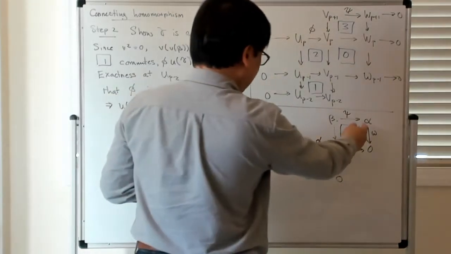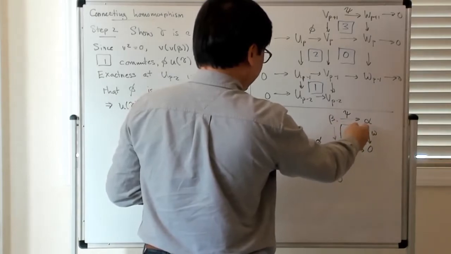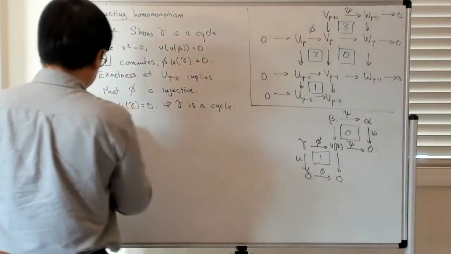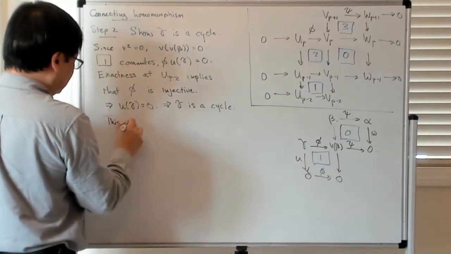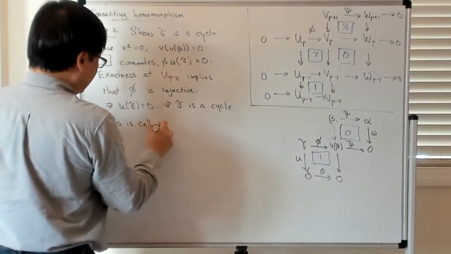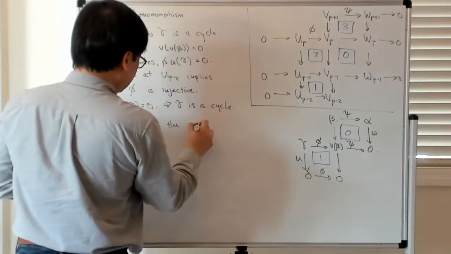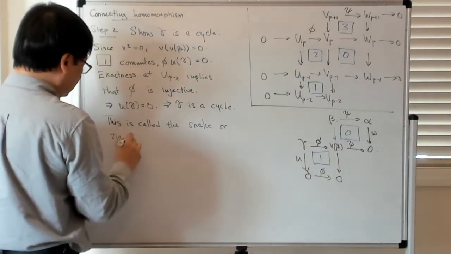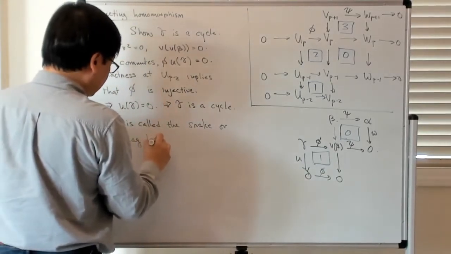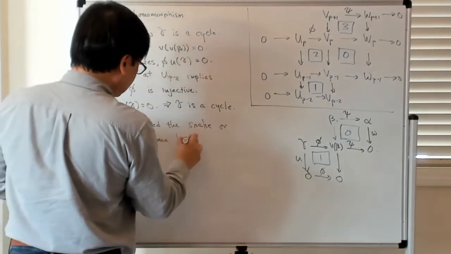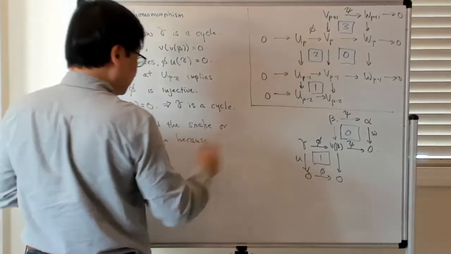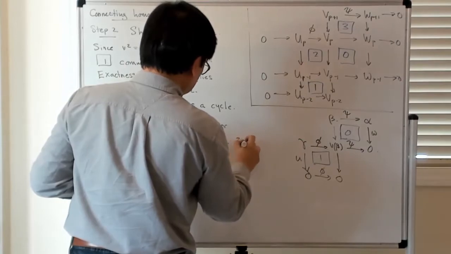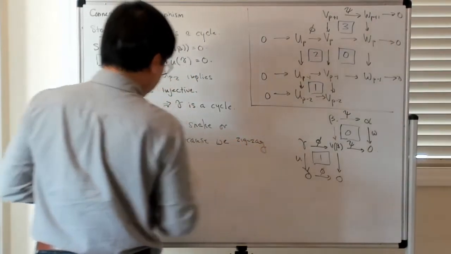And you see, this is called the zigzag lemma because you go from alpha to beta to v beta back to gamma. So this is called the snake or zigzag lemma because we snake through the diagram, or zigzag through the diagram.